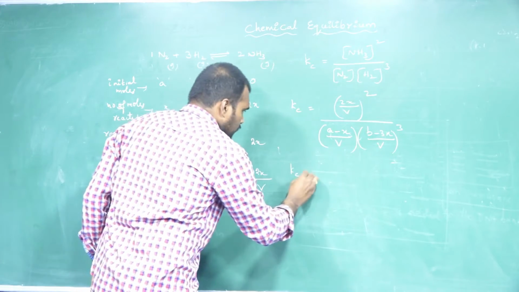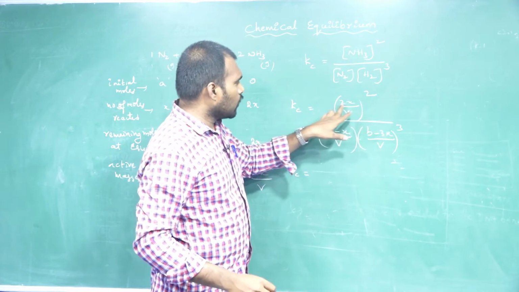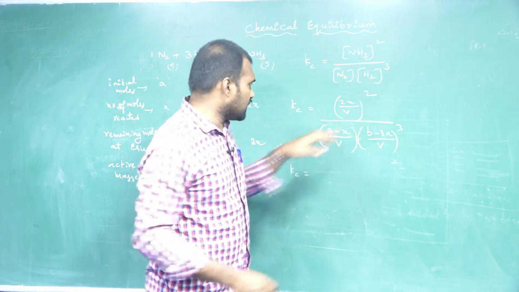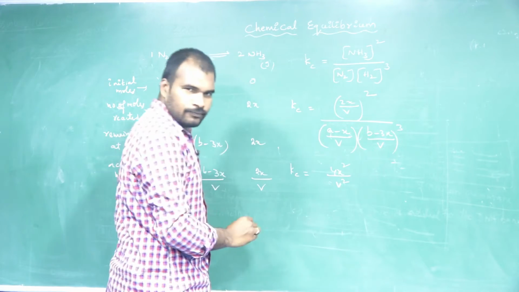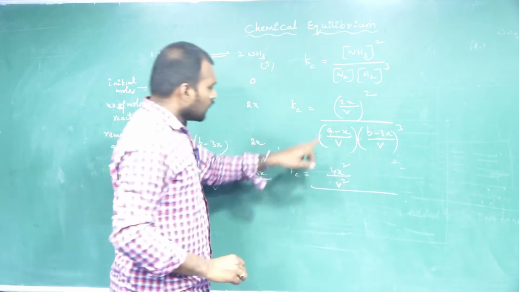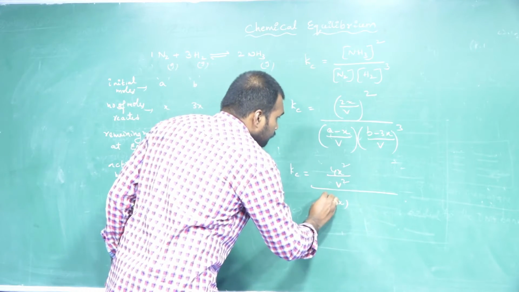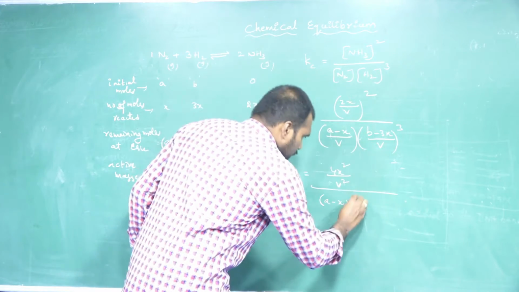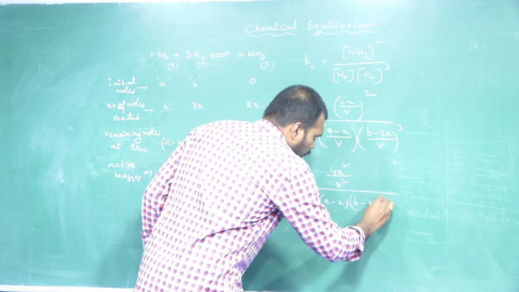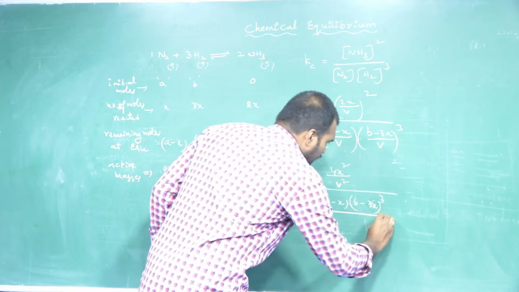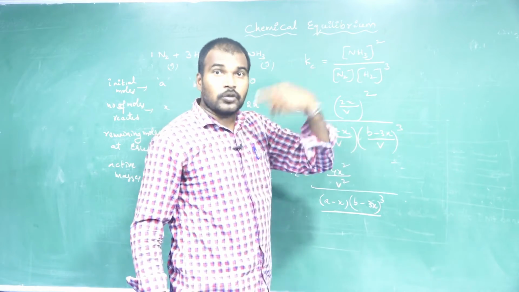Now Kc is equal to 2x by V whole square; you remove this bracket, 2x squared means 4x square by V square, divided by A minus x into B minus 3x whole cube, divided by V into V cube. V into V cube is V to the power of 4.